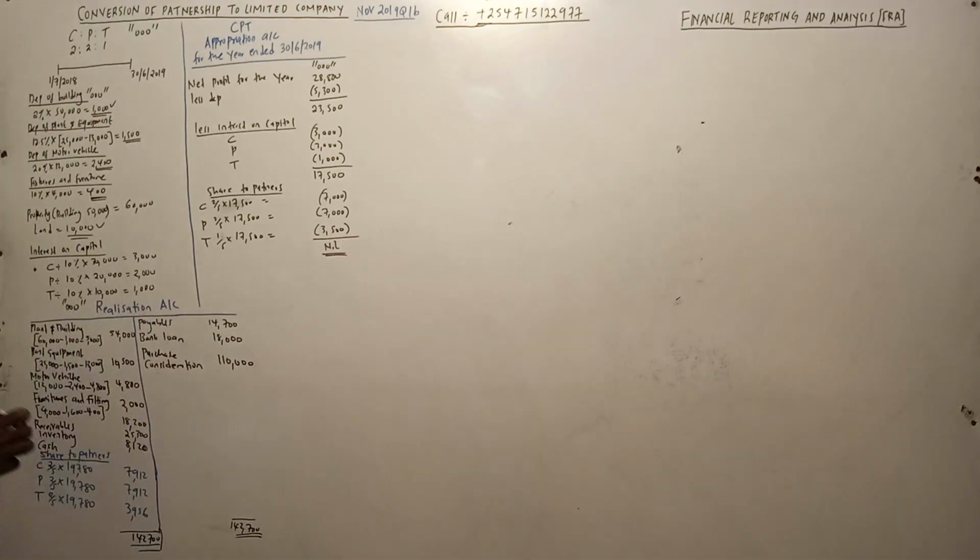So all the items have been shared. That is our appropriation account.